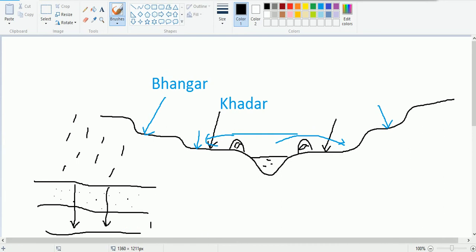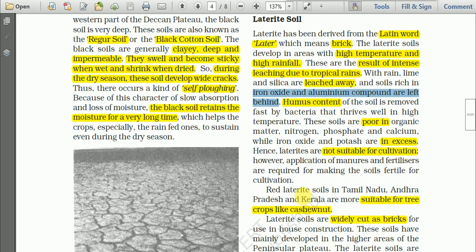Due to leaching, lime and silica are leached away, thus leaving iron oxide and aluminum on the surface, that is in the topmost soil.